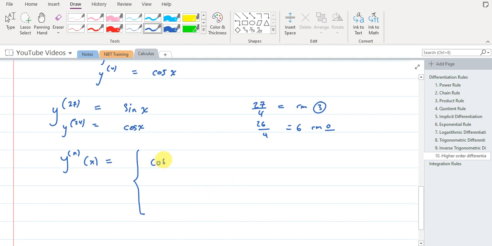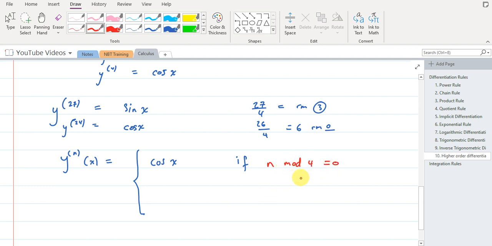It is cos x if n divided by 4 gives me a remainder of 0, which should be the modulus function, n mod 4 is equal to 0.